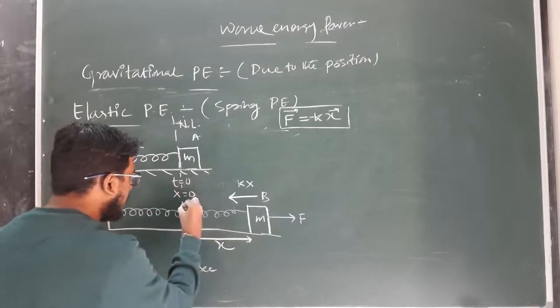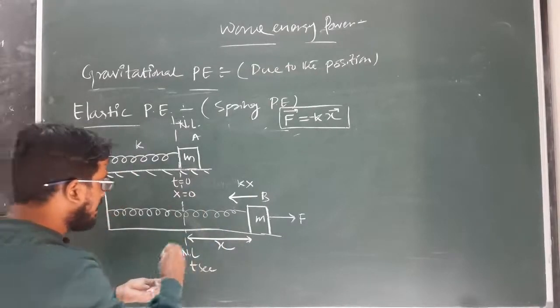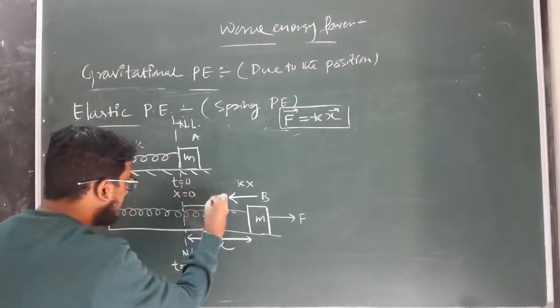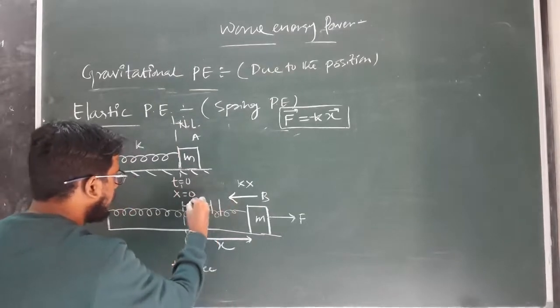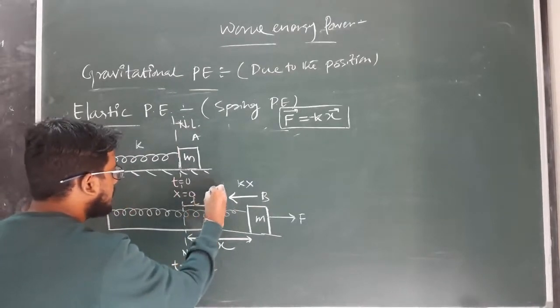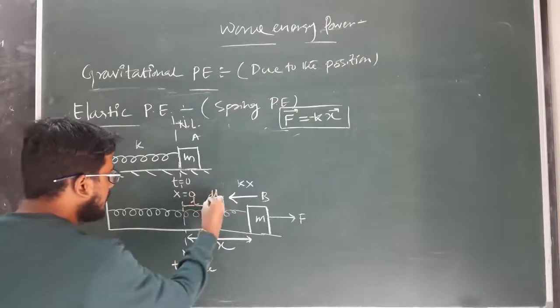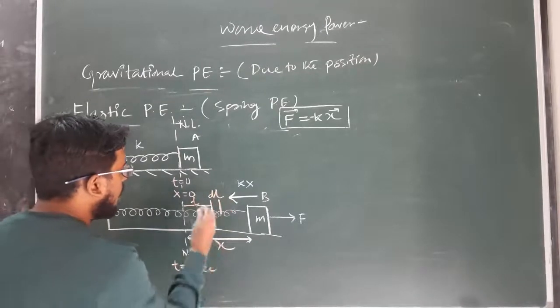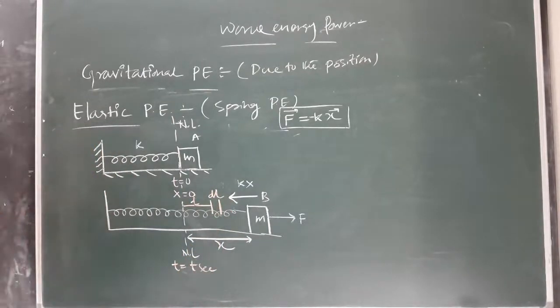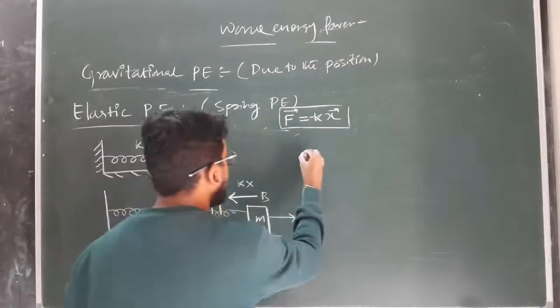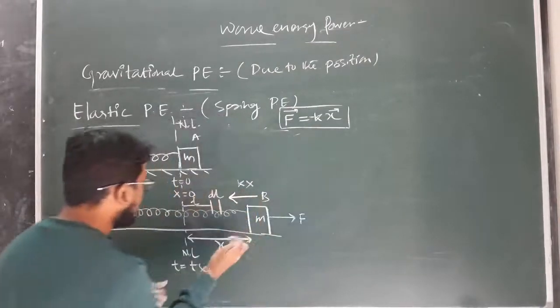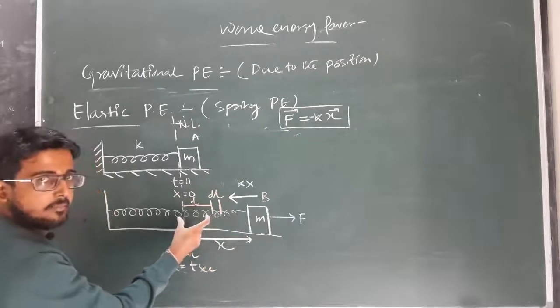So if we are considering the work done at any instant dt, when the block is at a distance L, let the displacement be dl. So at this position we want to calculate the amount of work done by the applied force. So the dW amount of work done will be at a distance L at any instant of time dt.